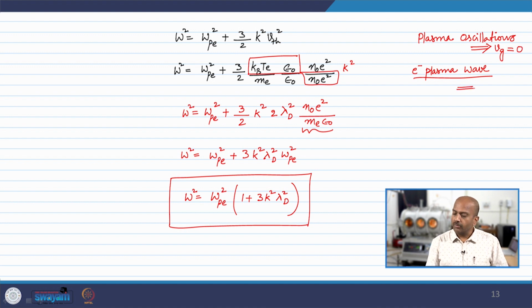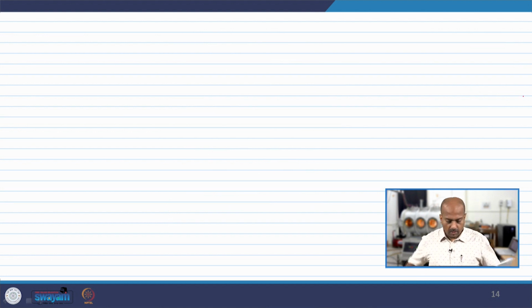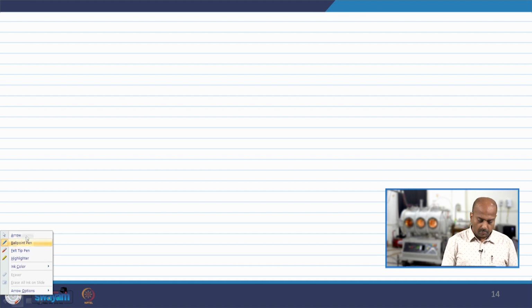The electron plasma wave, by assuming the temperature of electron not to be equal to 0, gave Vg not equal to 0. That means we can now call these oscillations responsible for a wave activity. Now, the task is to find out the phase velocity and group velocity, for which we can use the basic definition.